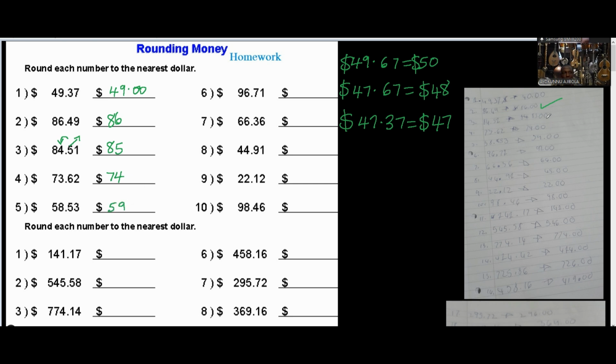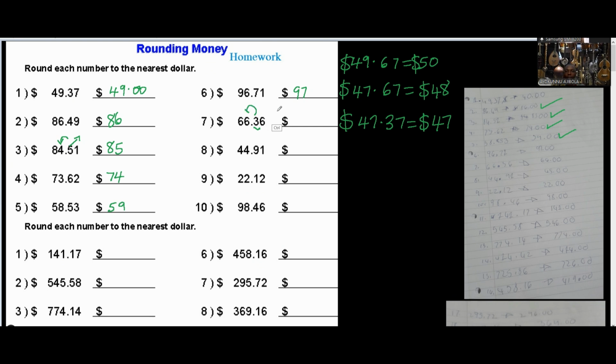So I guess we got the 85, we got the 74. I'm just trying to do all of the explanation so that you know. Then this is 96, but because this is 7, it's changing this to 7. So this will be $97. And this is 3, so it cannot affect this 6.